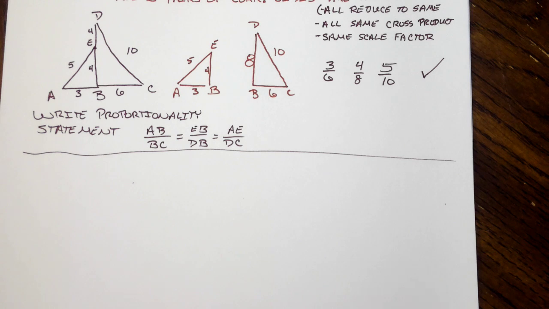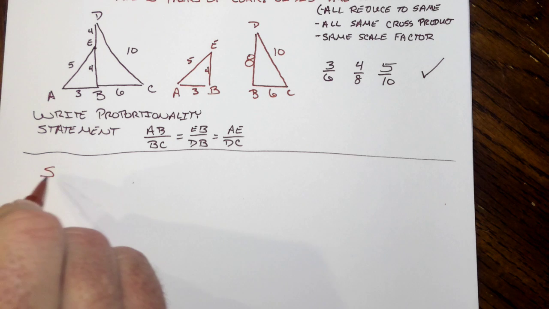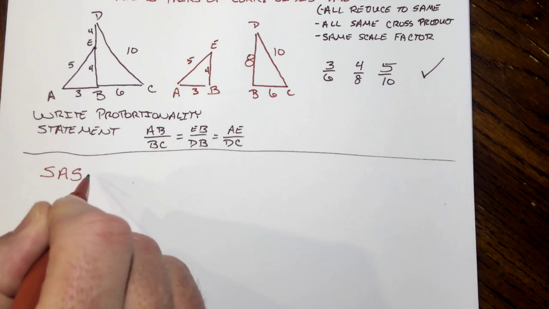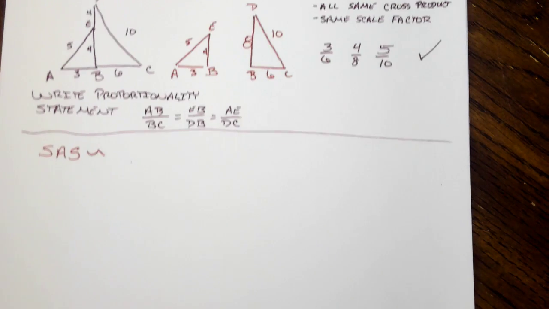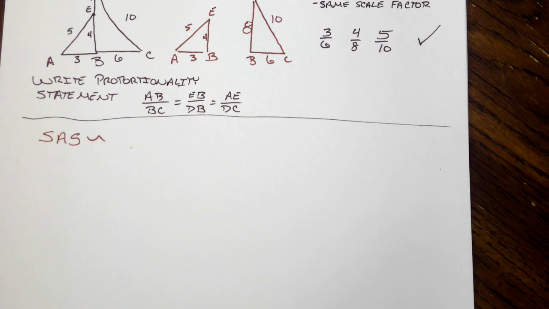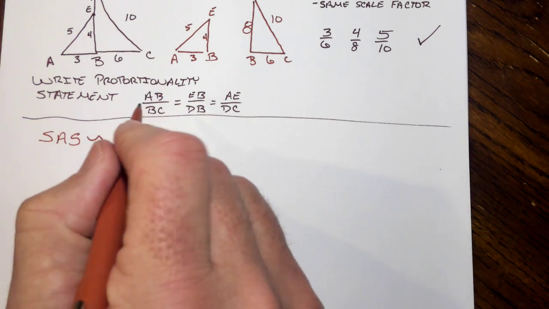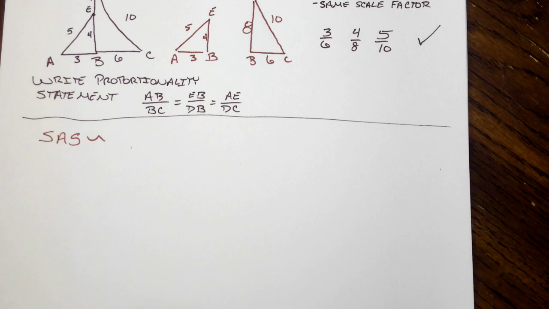Theorem number 2 will be side-angle-side similarity. Here we must have two pairs of corresponding sides in proportion.